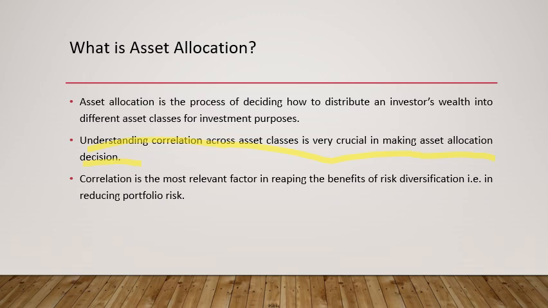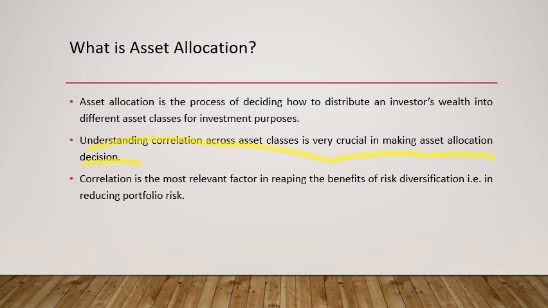Typically, what is preferred is the negative correlation between various asset classes. Now, correlation, as I have already emphasized, is the most relevant factor in reaping the benefits of risk diversification, which helps in reducing the portfolio risk. So when you do asset allocation, you shouldn't forget how the different assets are correlated.